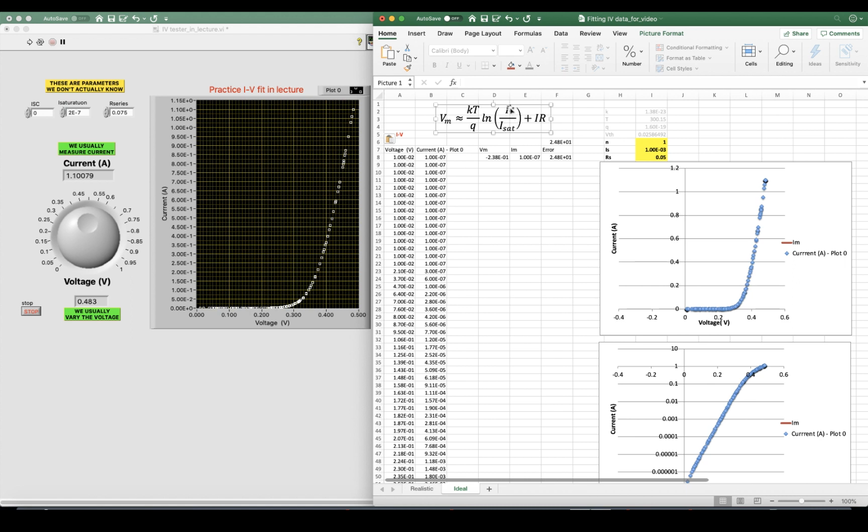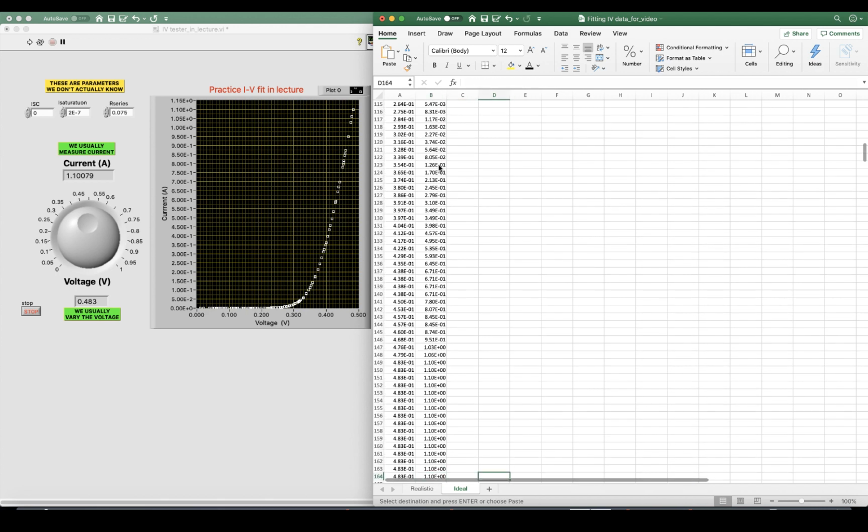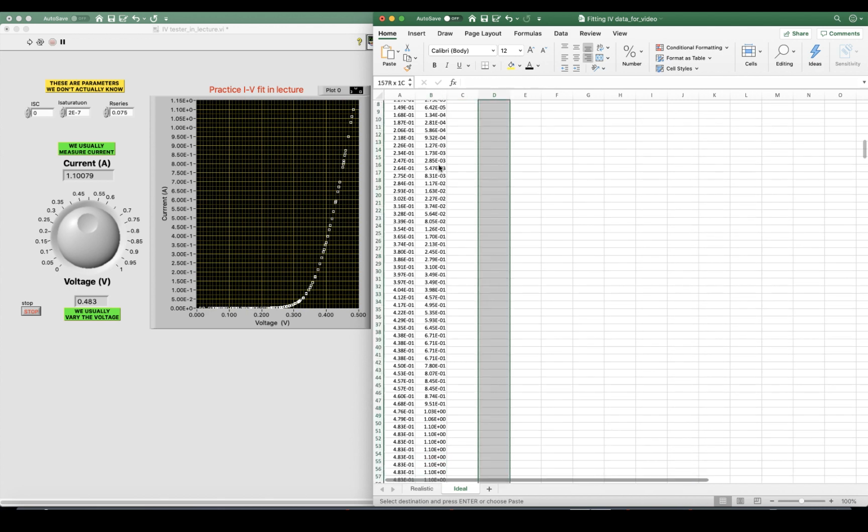So we could then vary the current and calculate the voltage, and then fit the generated data to the measured data. What I've done here is just copy, or translate, this equation into Excel, and I'm going to copy it all along, all the way up to here.